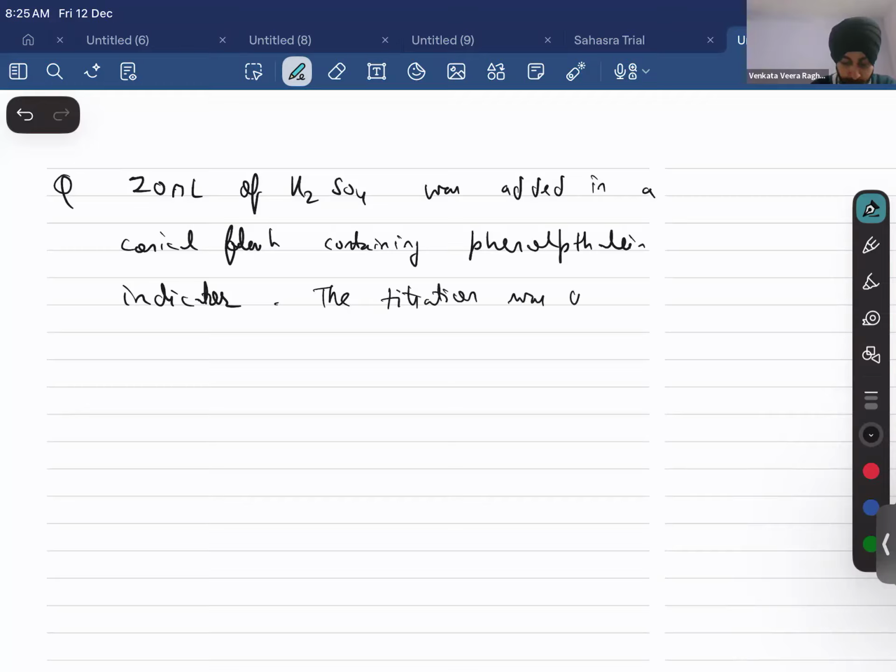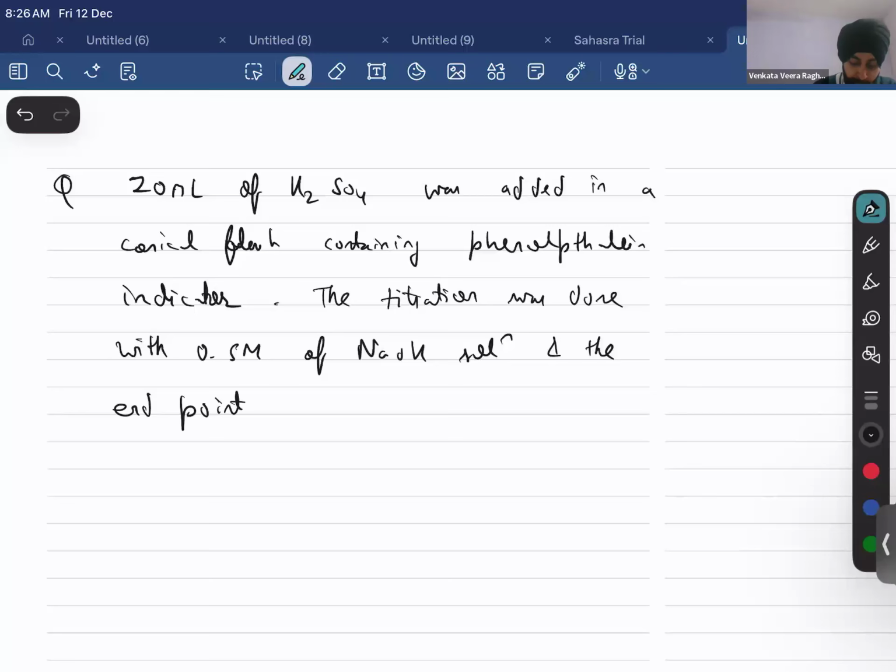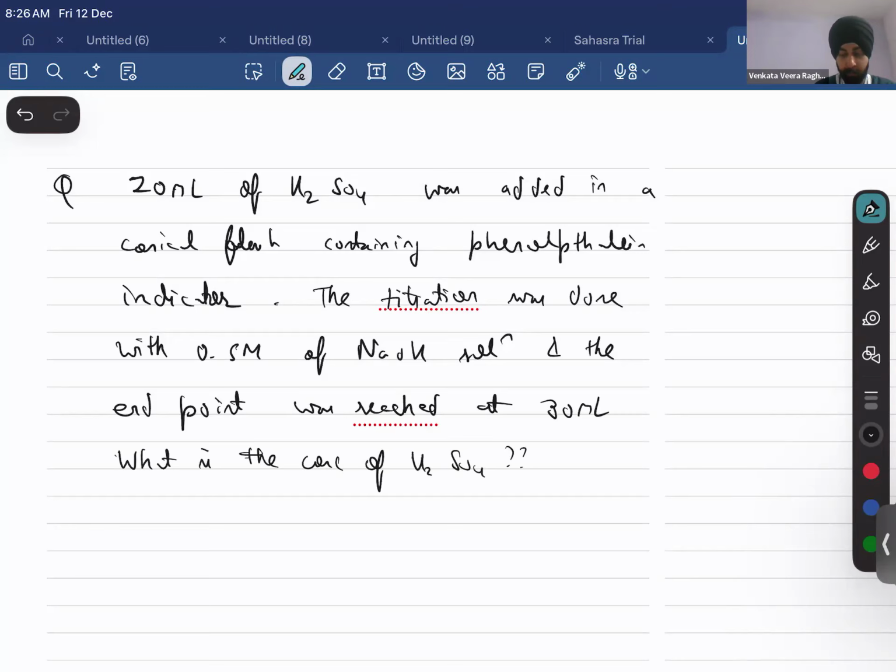The titration was done with 0.5 molar NaOH solution, and the end point was reached at 30 ml. What is the concentration of H2SO4? This is your question. Can you try it? Any help you require, please ask me.